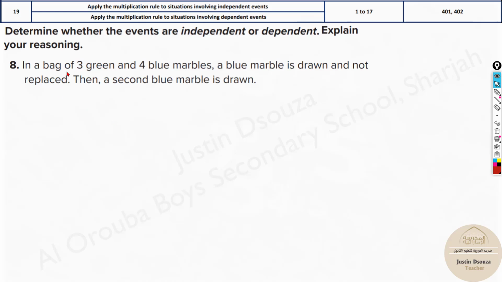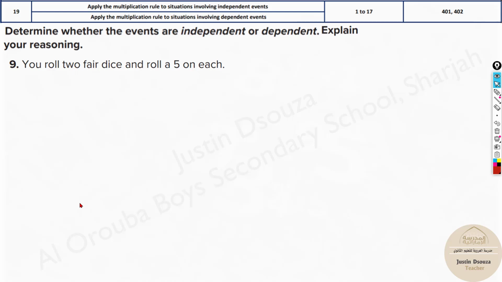And what about this? In a bag of 3 green and 4 blue marbles, a blue marble is drawn and not replaced. When you read the sentence "not replaced," you should know this is dependent, because now it's not replaced. When you draw another blue marble, the number of total marbles initially was 7. Now it changes to 6 in the second try. So it is dependent.